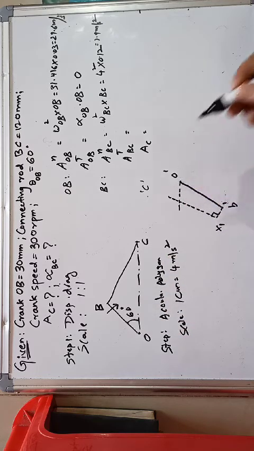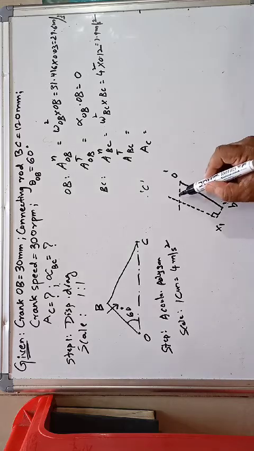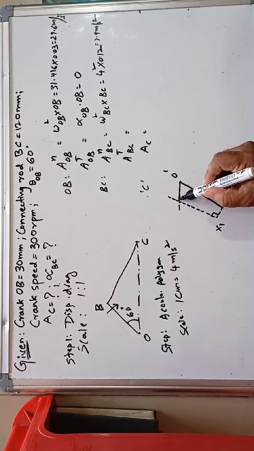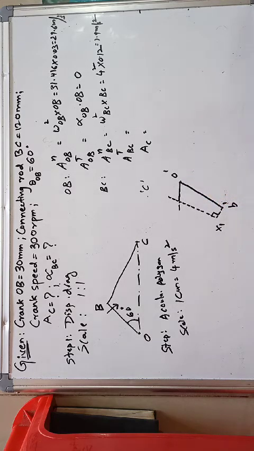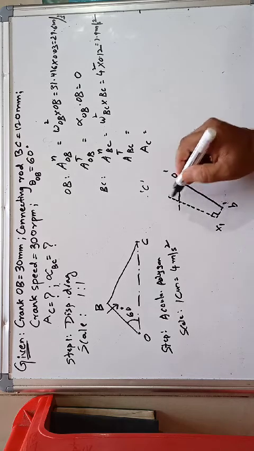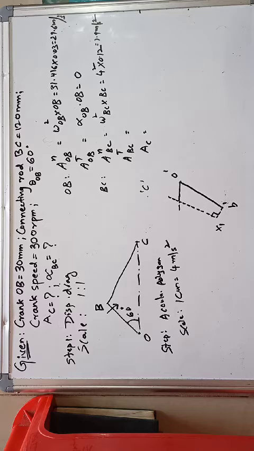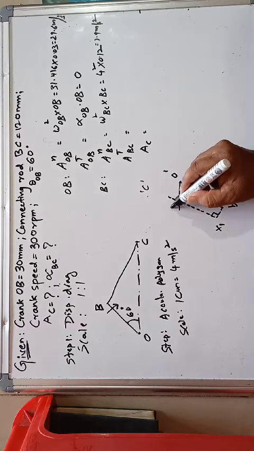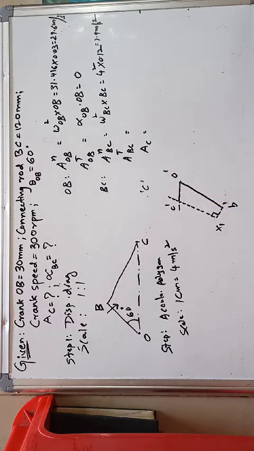It is a simple horizontal line. Now the point of intersection of this line and the line perpendicular to this, I am going to represent as C dash, right? So O dash we got, B dash we got, and C dash we got.